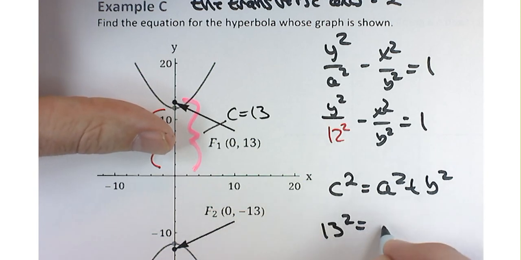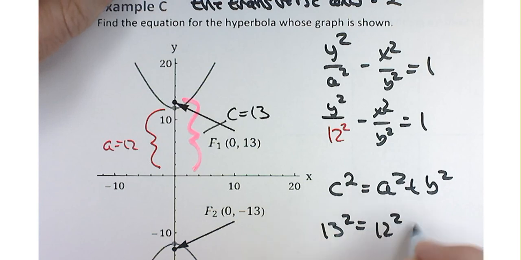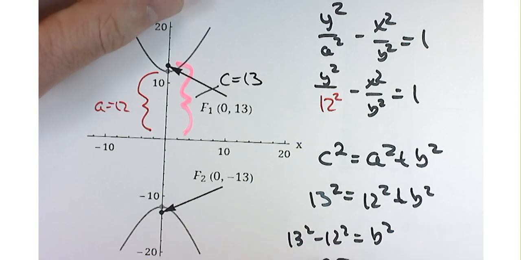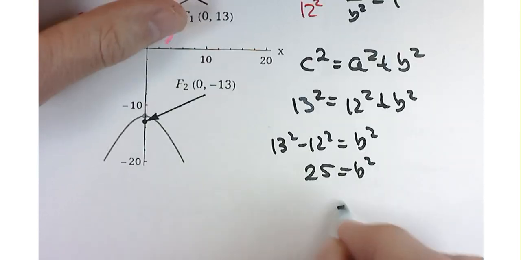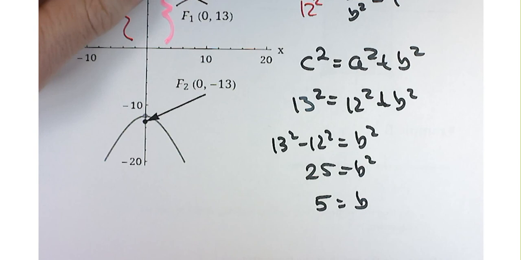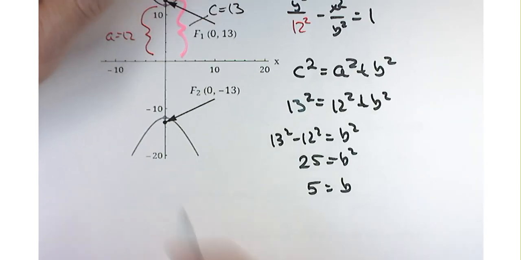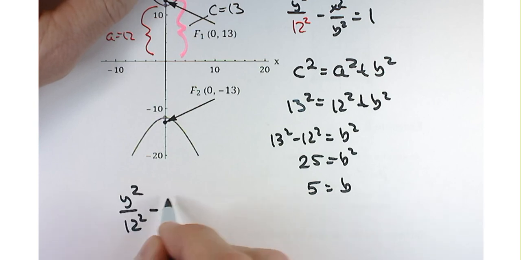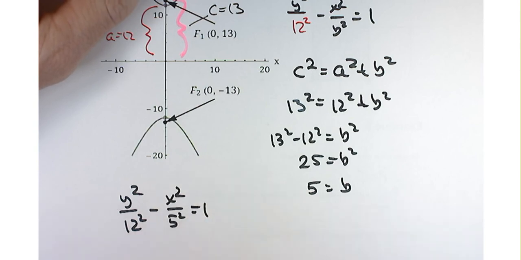You might recognize this as a Pythagorean triple. So it's going to be 13 squared minus 12 squared equals b squared. So that's 25 equals b squared. What does b equal? 5. Yay. That's pretty much it. There's your answer. We've got y squared over 12 squared minus x squared over 5 squared equals 1.